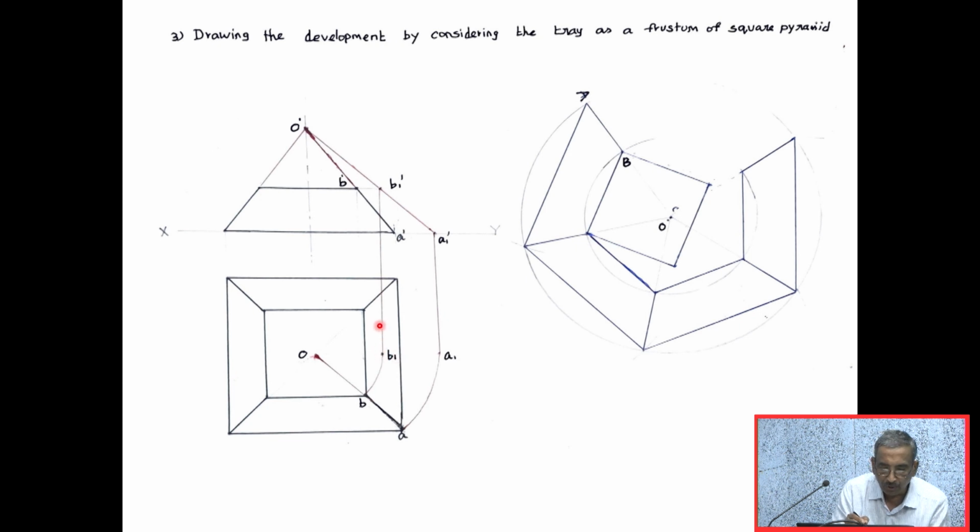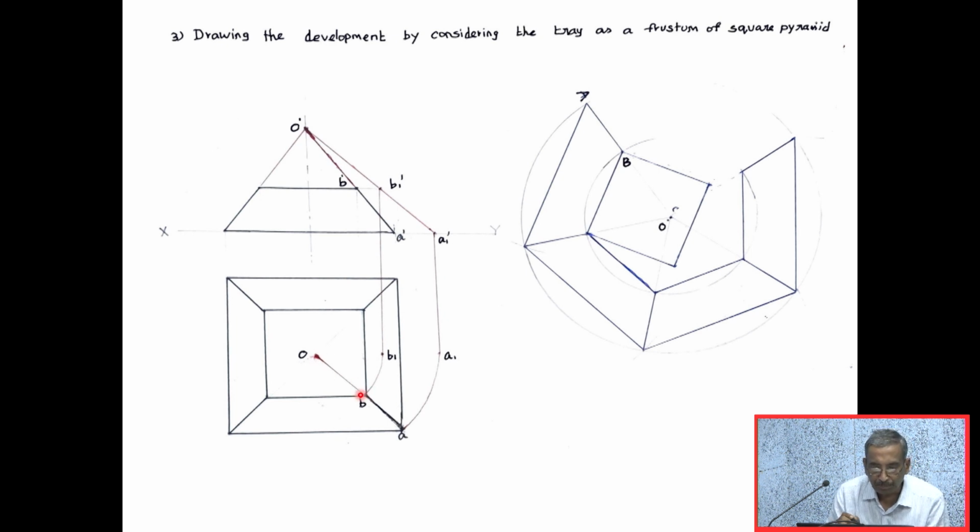From B1 you drop a vertical. From B dash you draw a horizontal line. The intersecting point will be B1 dash. Thereby, O dash A1 dash is the true length of the slant edge OA. O dash B1 dash is the true length of the slant edge OB.